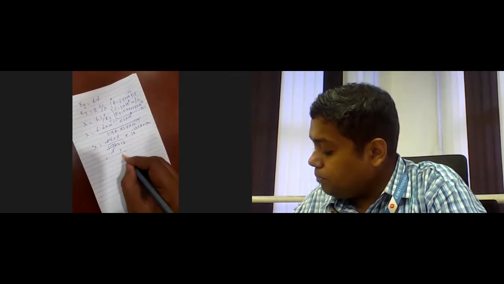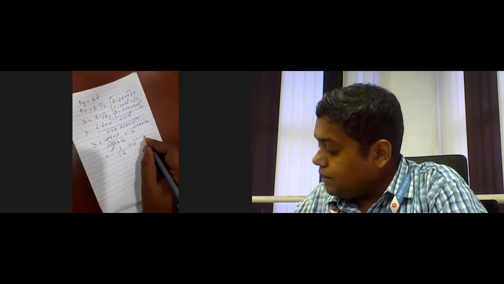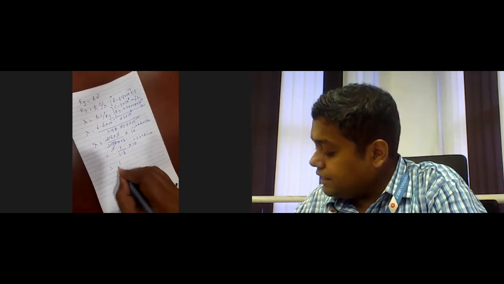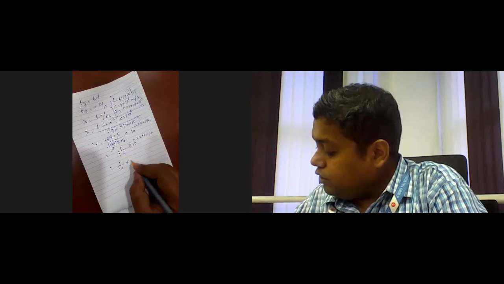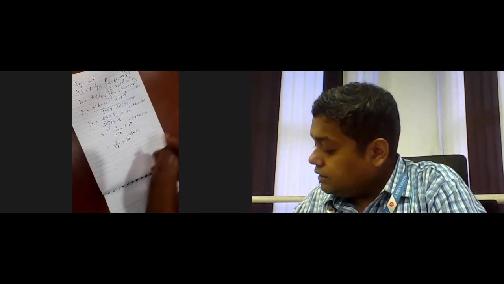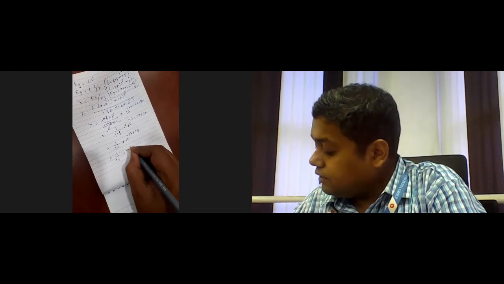So 1 by 1.6 into 10 to the power minus 34 plus 8 plus 20. So it is 1 by 16 into 10 to the power minus 34 plus 29.